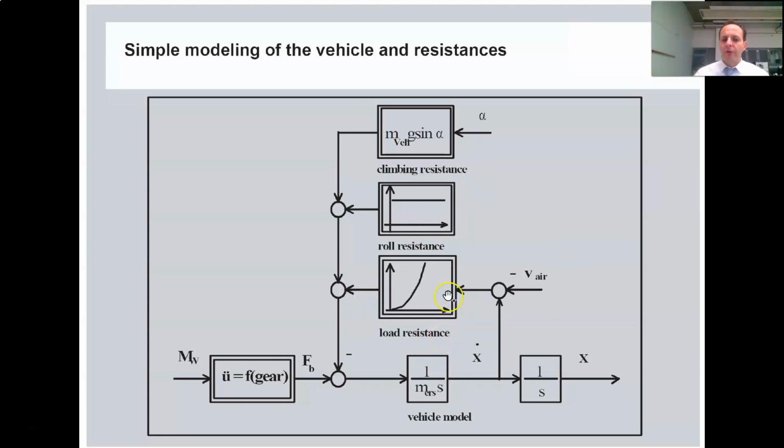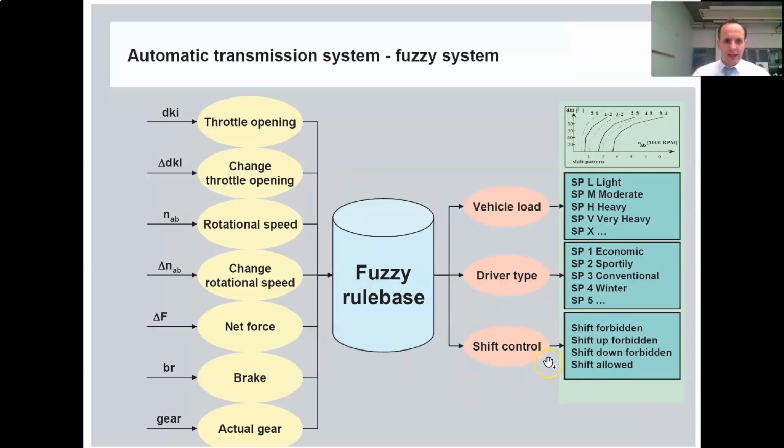Note that the resistance of the load depends on the speed of the vehicle. So we have this model which provides the input of the engine, and the output is the velocity and the position.